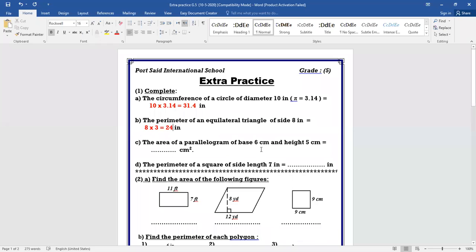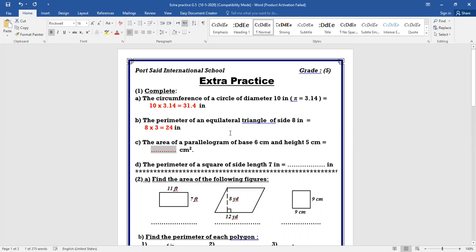Area of parallelogram. The base is 6 and the height is 5.